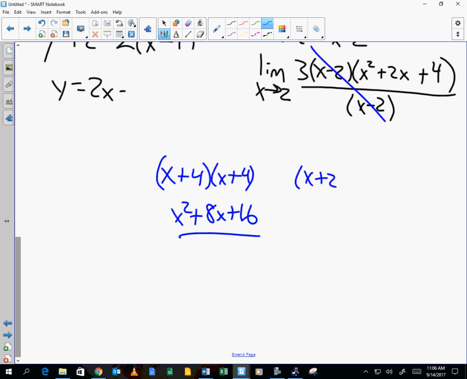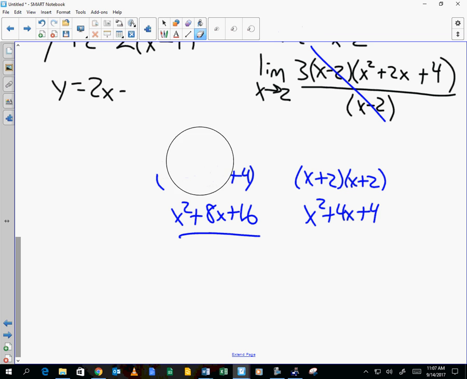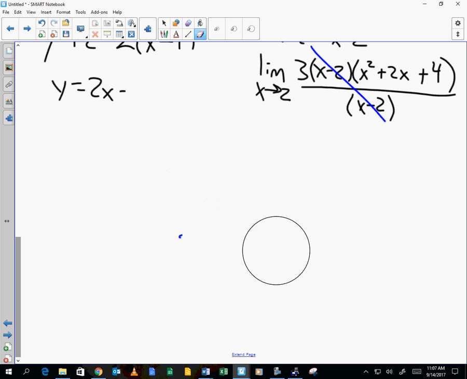So x plus 2 times x plus 2 is x squared plus 4x plus 4. But we got a 2x. The trinomial that comes up when you factor the sum or difference of cubes when it's third degree, it never factors. It's always an imaginary solution. So, okay.